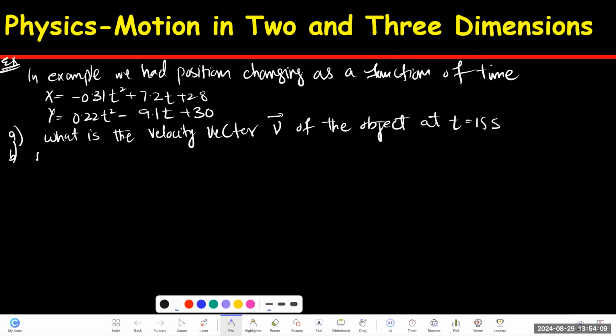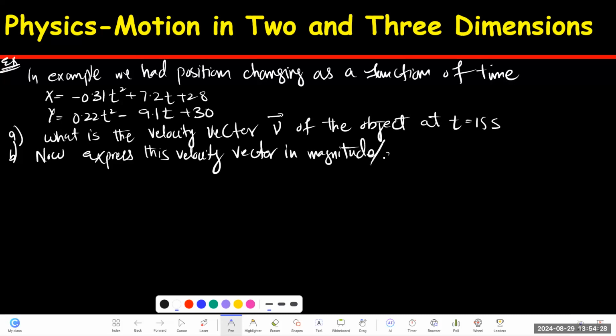B: now express this velocity vector in magnitude and angle phi. We have two parts, straightforward.